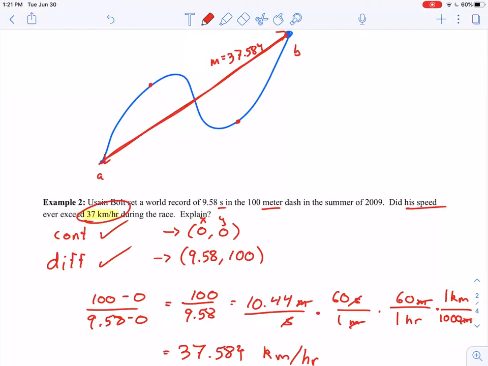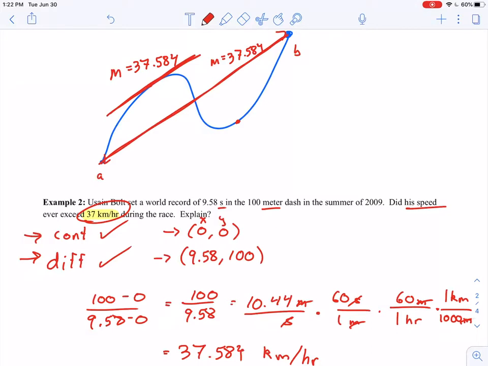Because his speed function is both continuous and differentiable, there is at least one point where the instantaneous rate of change, his instantaneous speed, was also 37.584. Without a function, without an algebraic equation, there's no way for me to identify exactly when it occurred.